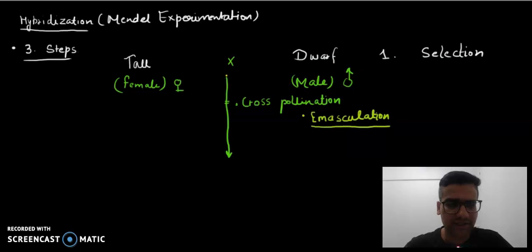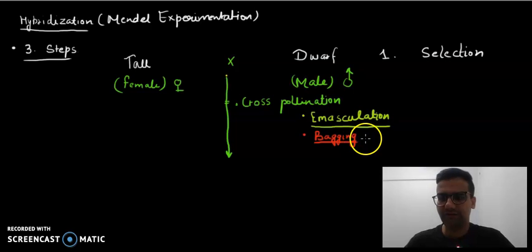The second thing he did was cover the flowers with a bag. This process is known as bagging, and it is for preventing unwanted cross pollination.